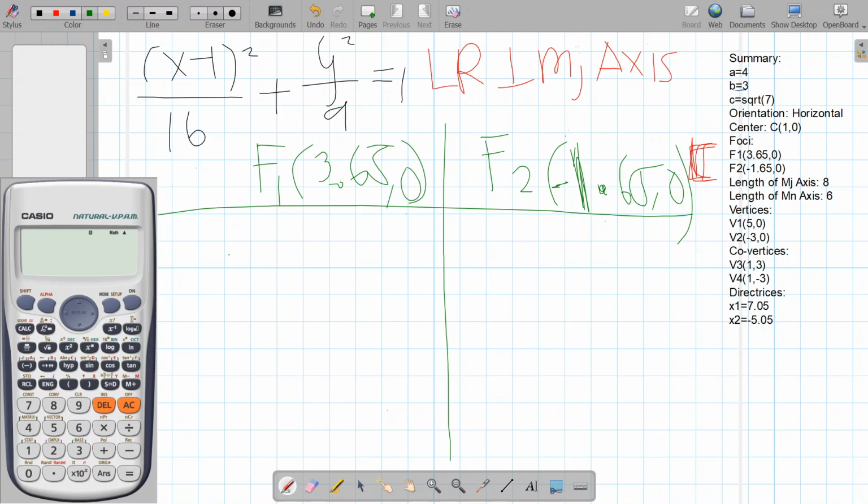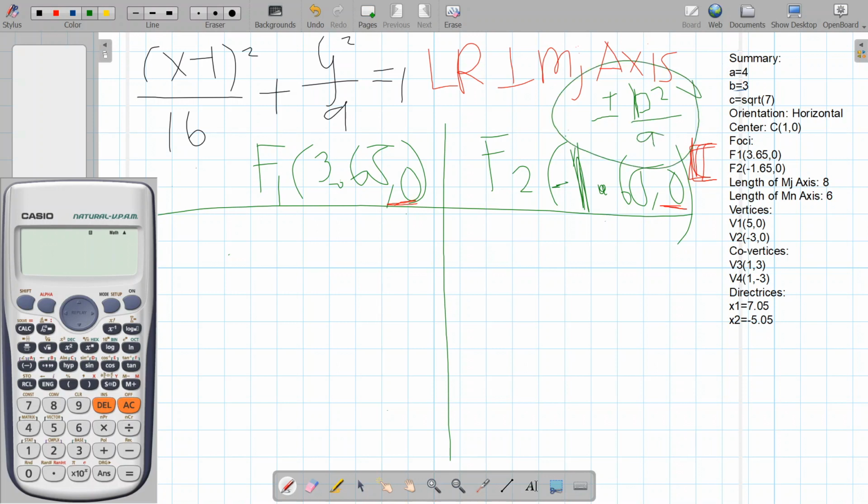Since our latus recta are vertical, we are going to add to the vertical part of the point, in other words, to 0. So what are we going to add? To get the endpoints, we simply add or subtract b squared over a.